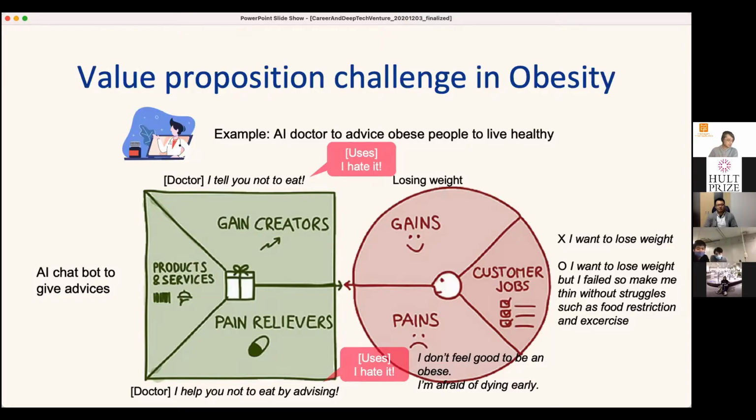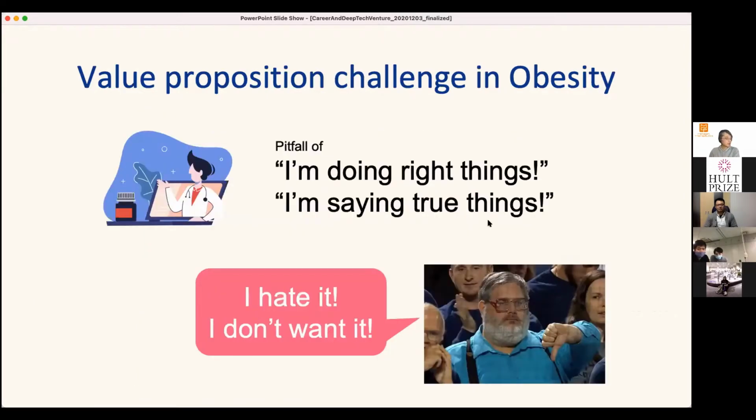Student business ideas often fall into these pitfalls. Students often think about this type of thing: I'm doing the right things and saying true things, but oftentimes the consumers say I hate it, or I don't want it.